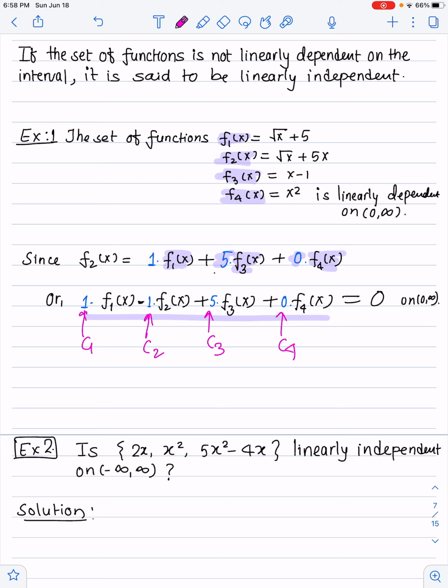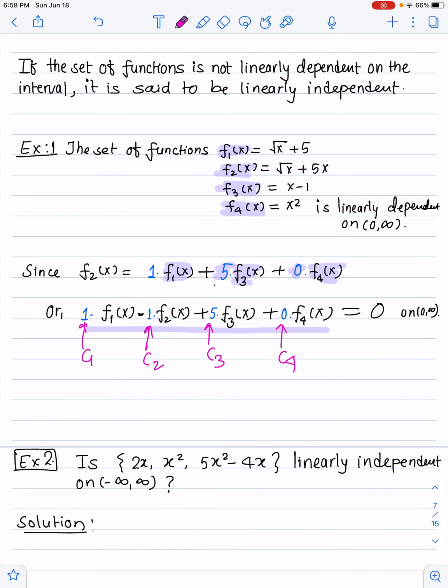If I choose c1 equals 1, c2 equals -1, c3 equals 5, and c4 equals 4, their linear combination will equal 0, right? And these c1, c2, c3, c4 are not all 0, right? So if I can express it in this form, we can say that this is linearly dependent, right? So here we had 4 functions.